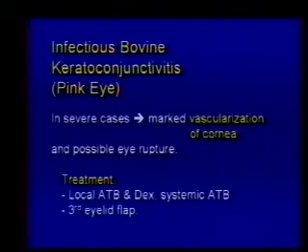But then you want to treat the pen mates or herd mates with an antibiotic such as oxytetracycline to treat the carrier state, because a lot of the other animals may be carriers, and to prevent the infection from spreading from one calf to the other.